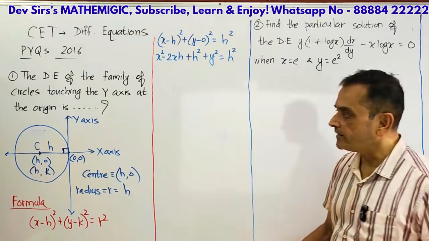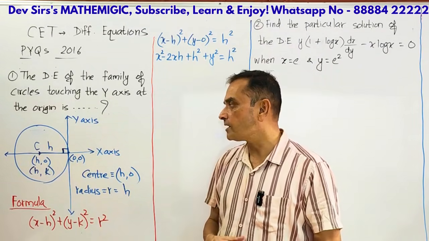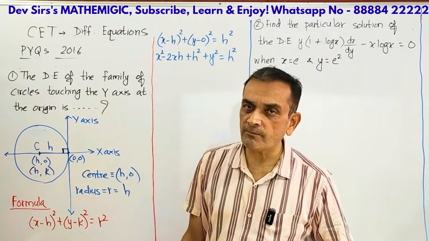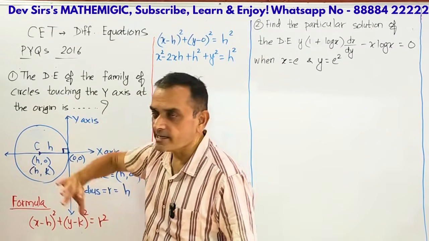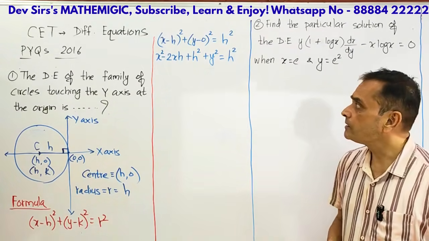This is called center radius form. Followed? So for this particular condition, center is h, 0. I explained why. Y coordinate is 0. This radius is h. तो center radius form में ये value substitute करेंगे.